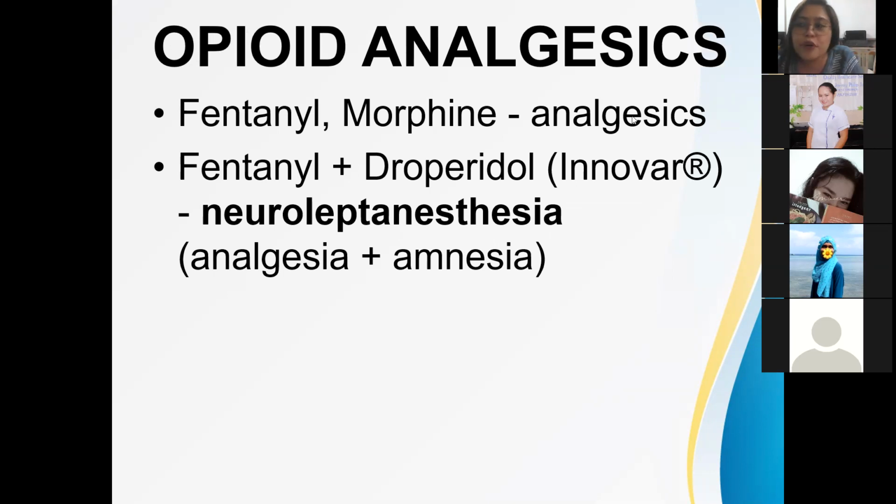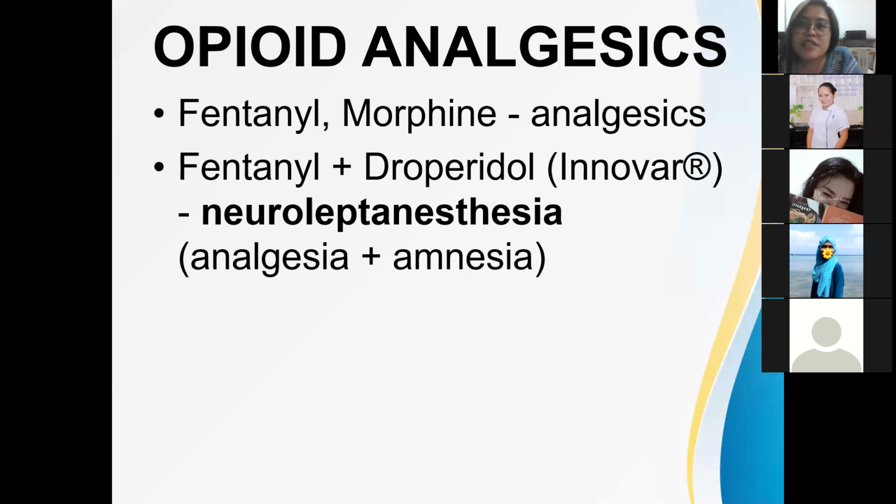Now we have the opioid analgesics. From the name itself, analgesic, that is to reduce the pain sensation of the patient. Actually, not just reduce but mawala gyud ang ilahang sensation sa pain. So mawala ang mga autonomic responses sa stimulus or sa mga stimuli, like kung naay hiwaon, wala na ma-feel ang patient.